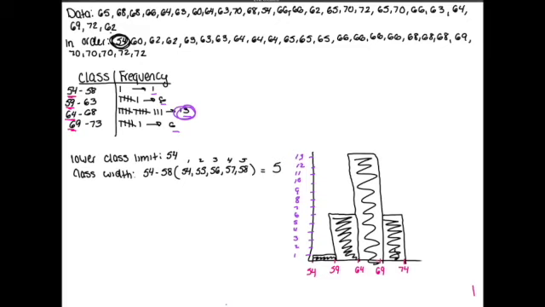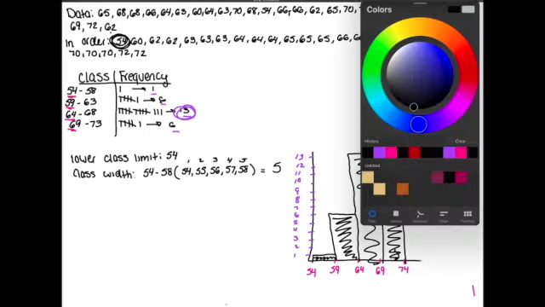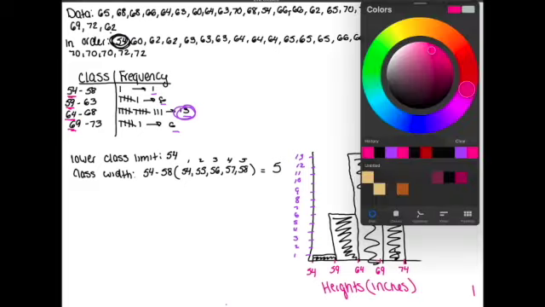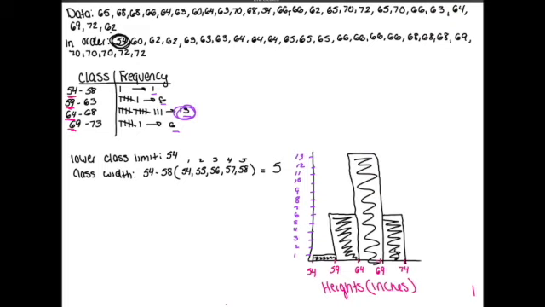So now that I have filled in my histogram, I am going to complete the big 5, which I already did 2, but I'm going to do the other 3. And that is, I'm going to change it back to pink. So for my x-axis, I'm going to title it heights, because these numbers given are the heights in inches. Okay, then I'm going to go back to purple. Our y-axis is our frequency.